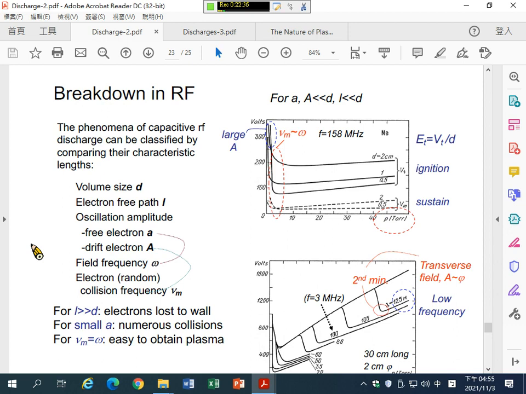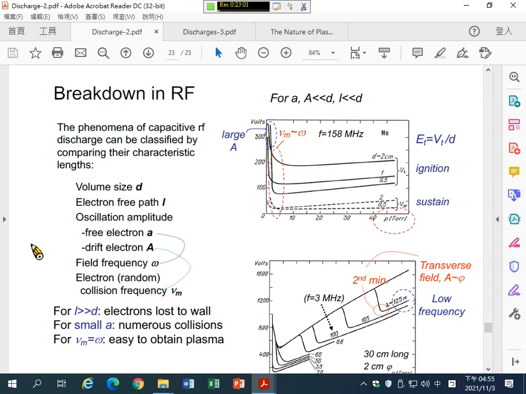When you apply an RF power with an RF voltage of V here, you can calculate the electrical field. The electrical field equals V divided by D. So this is the electrical field.